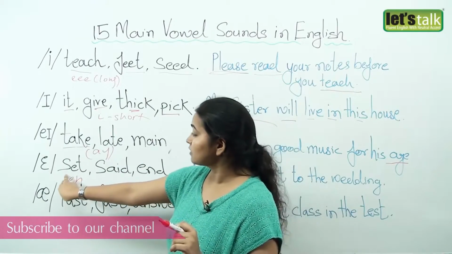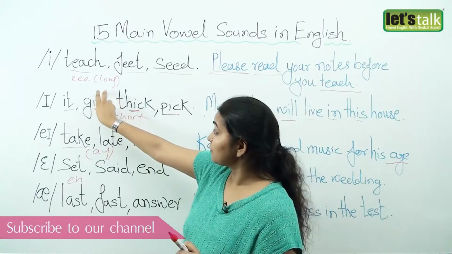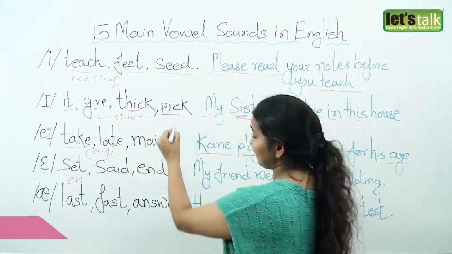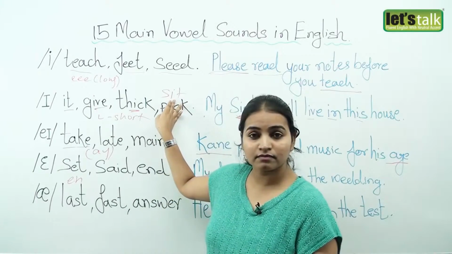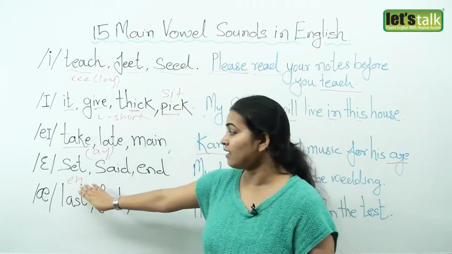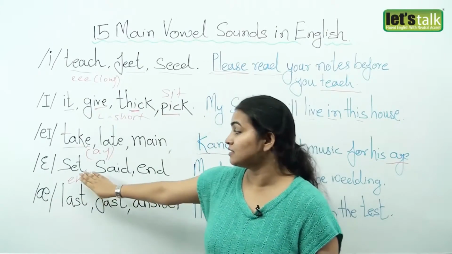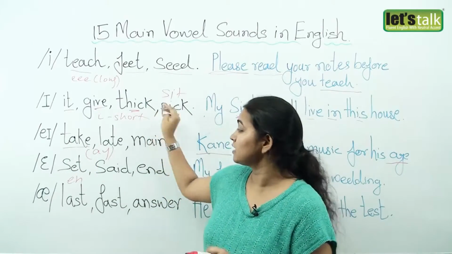So set, an eh sound. A symbol like this would be pronounced as sit. So can we say sit and set, an eh and an eh. A set and a sit. A set and a sit.